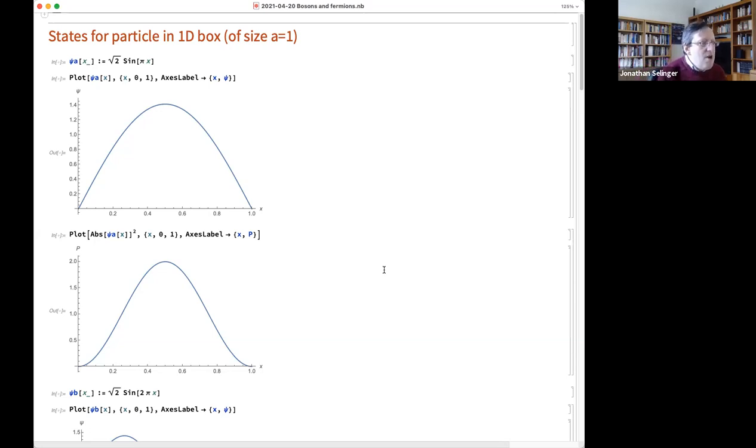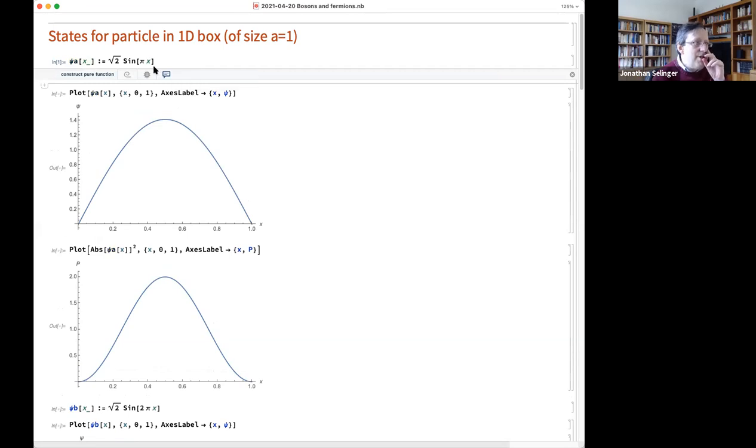Okay, now you already know what are the states for a single particle in a one-dimensional box. Okay, you know that the first state is this thing, right? It's this sine of pi x. And I'm letting the box size be 1 in some system of units. Okay, so the A parameter is 1.